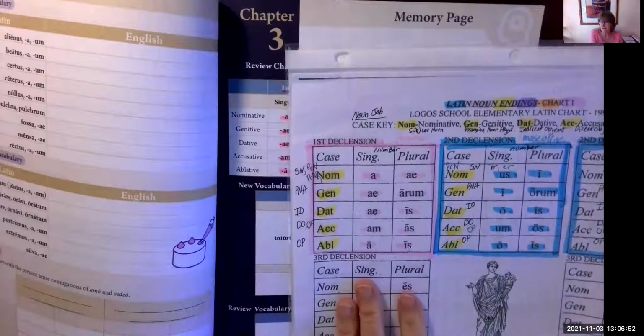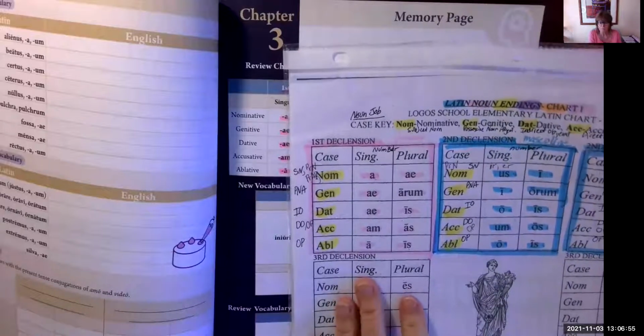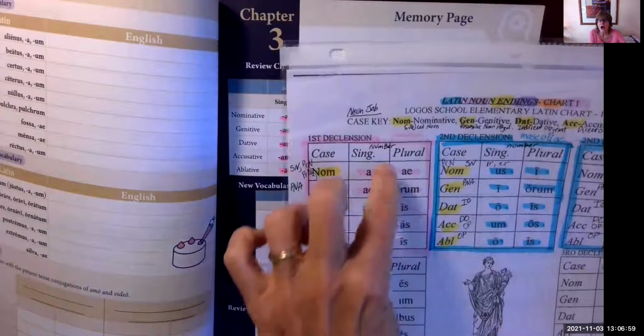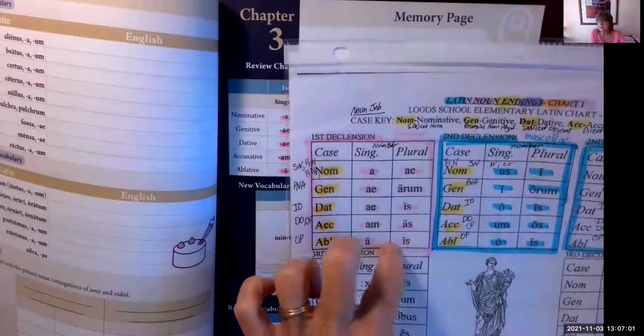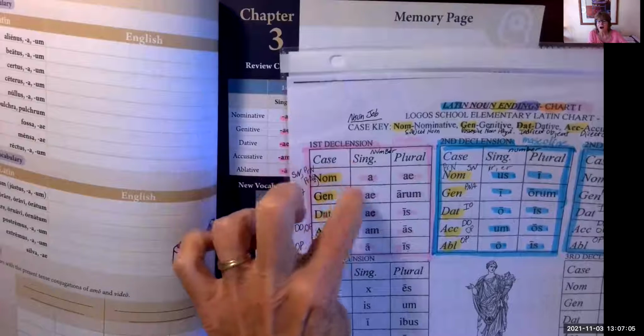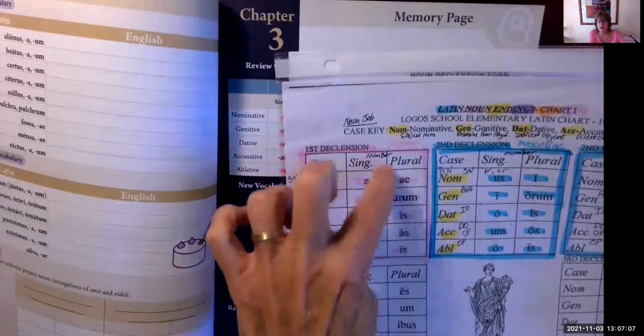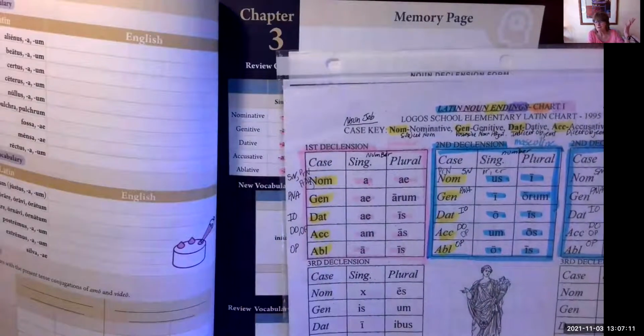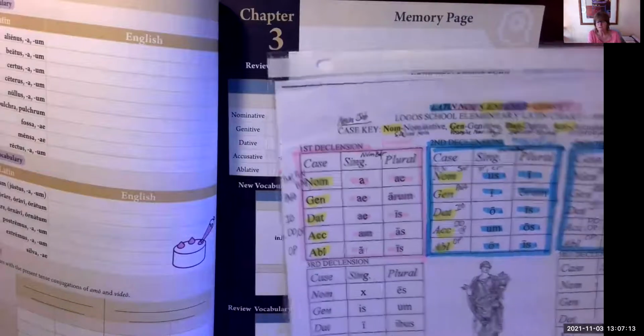You can take any melody. I, is, us, is. Any little nursery rhyme, whatever works, right?